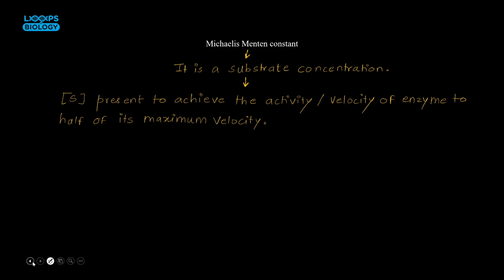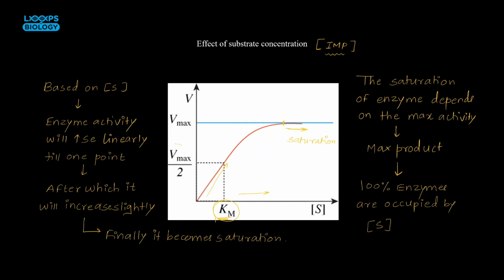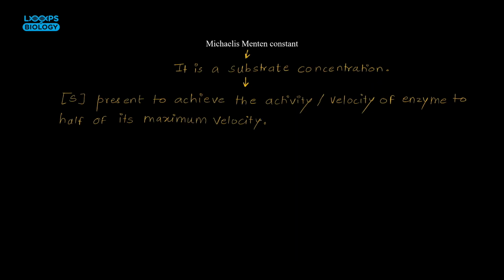So if I am considering half of the maximum velocity, that is Vmax by 2, at that particular point, whatever the substrate concentration present is nothing but the Michaelis Menten constant, which is represented as Km. Got it, guys? So this Michaelis Menten constant is my substrate concentration present at the velocity of enzyme half of its maximum velocity. So at this particular point, the velocity should be Vmax upon 2. Now, why half of its maximum velocity?